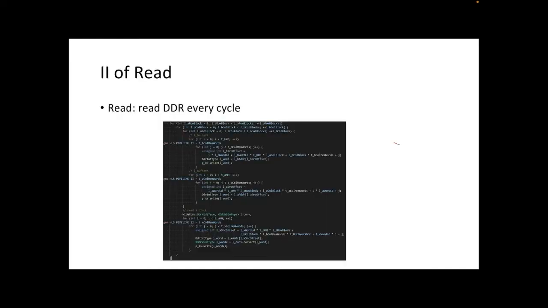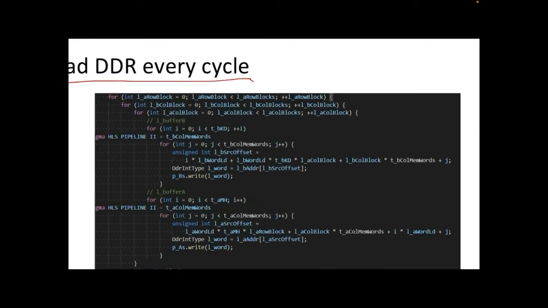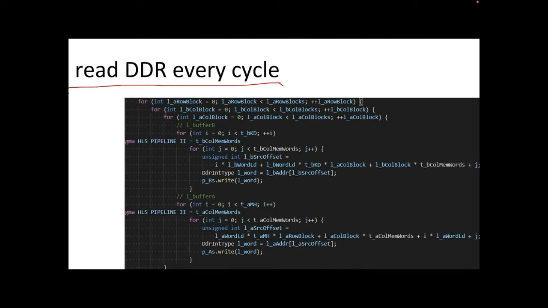Okay, so now we talk about II. The II is 1 because we can read DDR every cycle. You can see here we read DDR every cycle. But the bad news is the DRAM may have latency because the burst is terrible.